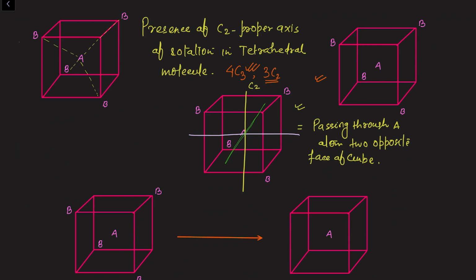So now we can easily visualize the presence of 3 C2 proper axes of rotation in an AB4 tetrahedral molecule.